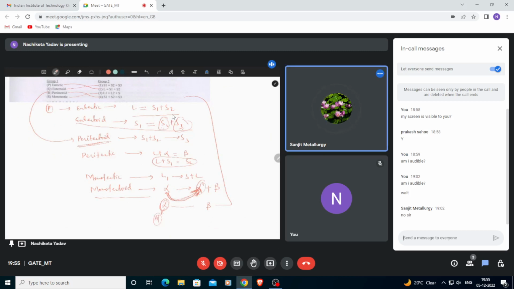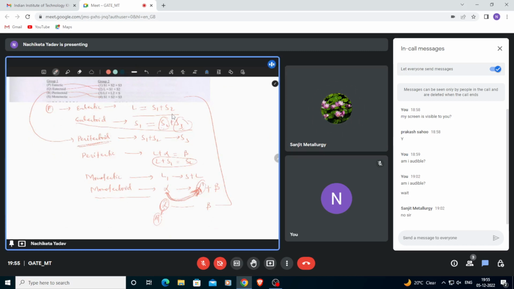Phase will be the same. Yes, yes, you are saying right. TV Rajan, do you have the book, TV Rajan, Heat Treatment? You can go for this also.